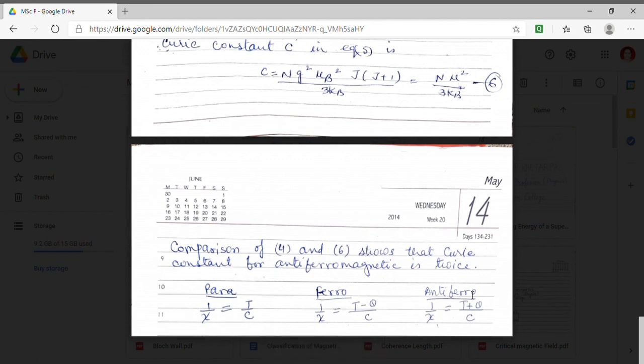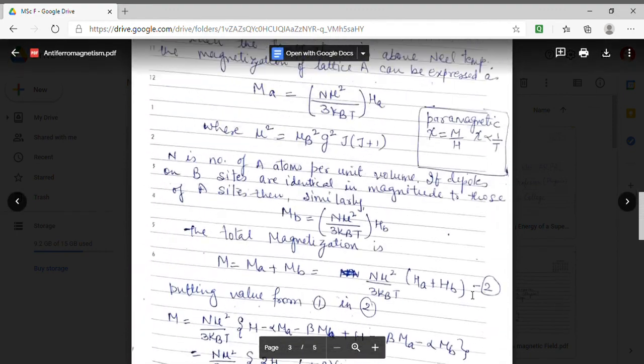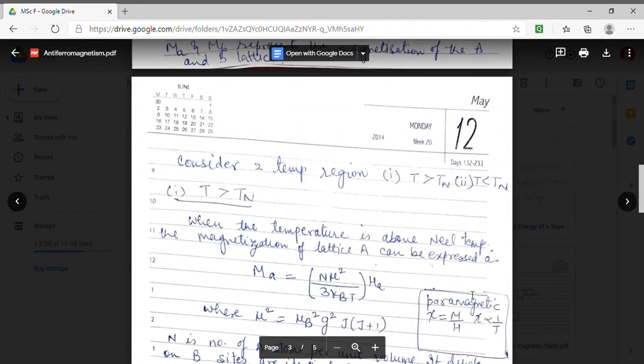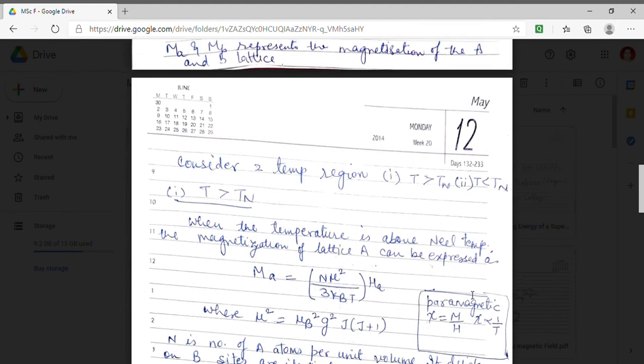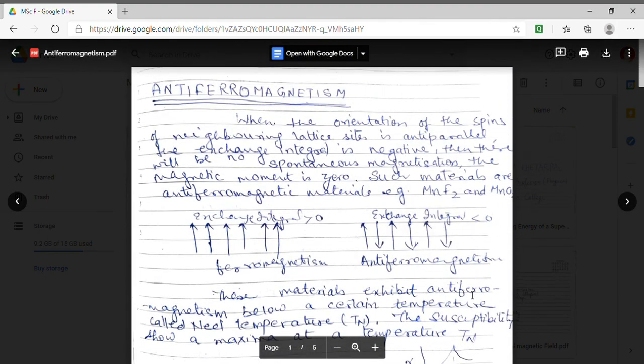The Curie constant for antiferromagnetic material is twice that of ferromagnetic material. So, in today's lecture, we have discussed the nature of antiferromagnetic material when temperature is greater than the Néel temperature. Thank you students for watching.